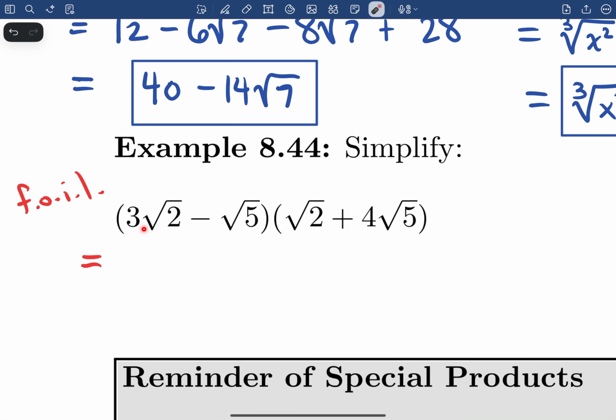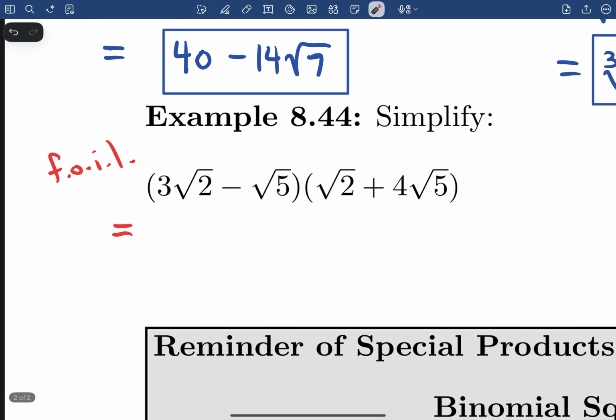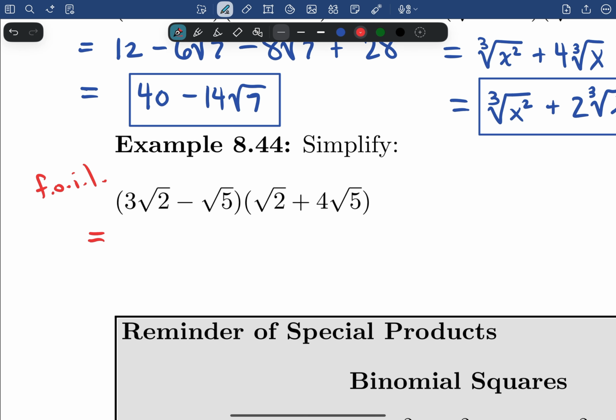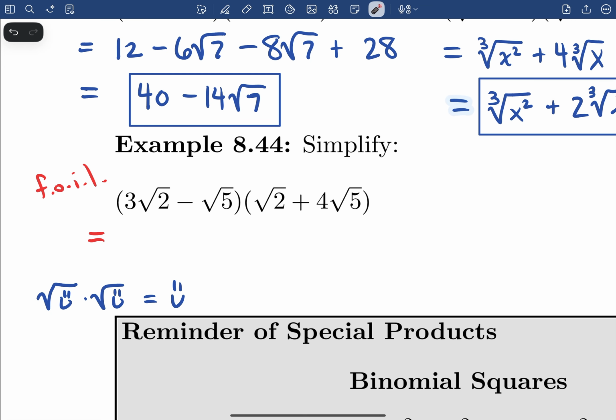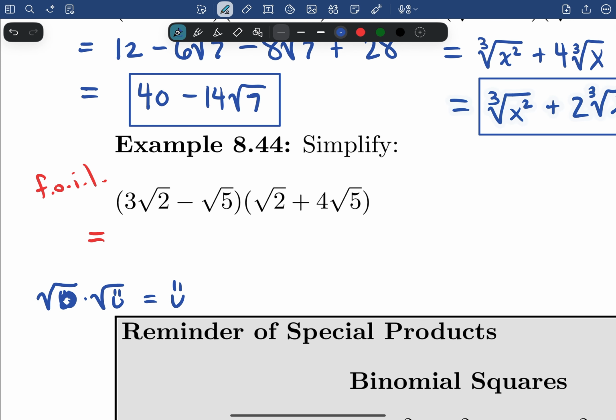So looking at this, I'm going to multiply the first terms together. 3 root 2 times root 2. And once again, I'm going to say the square root of smiley face times the square root of smiley face is equal to a smiley face. And then what is the value I'm talking about instead of smiley face?